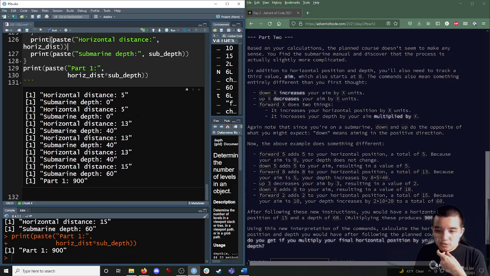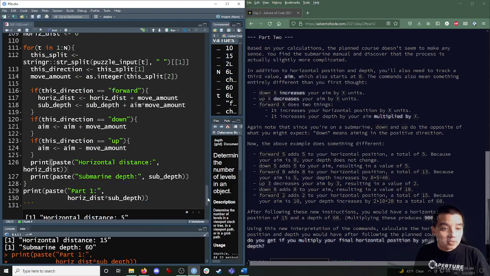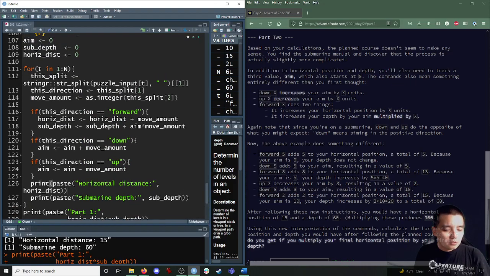So horizontal distance 5, 5, 13, 15 as before. Depth got increased from 0 to 40, then increased another from 0 to 60, and we got the 900 that we see there in the bottom right. So I think I'm going to, if anybody is viewing this, show you the code one more time.